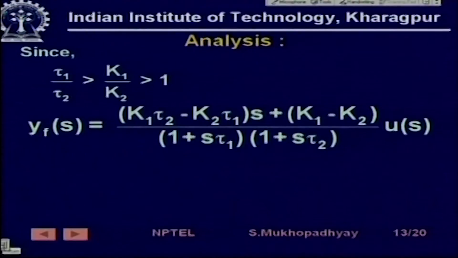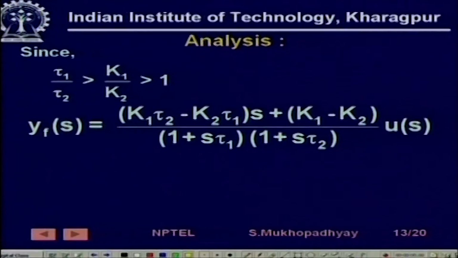so let us look at the thing a little analytically also. If you just see the feedback transfer function and do a little analysis, we will find that the y feedback was the point where we were adding that Smith predictor output.